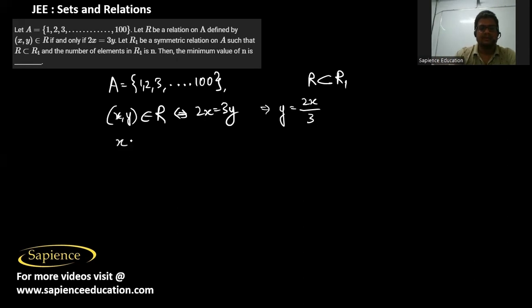So then x is related to y if 2x equals 3y, or I can say when y equals 2x by 3. Therefore x should obviously be a multiple of 3.